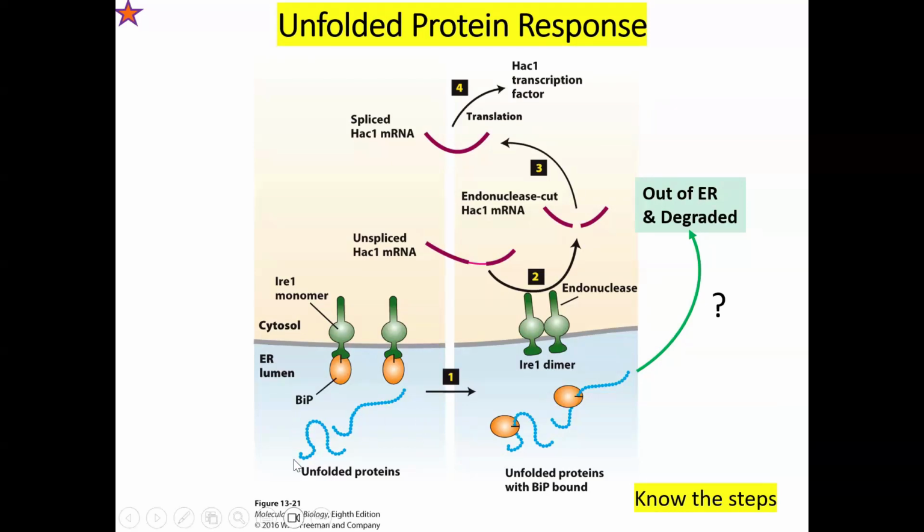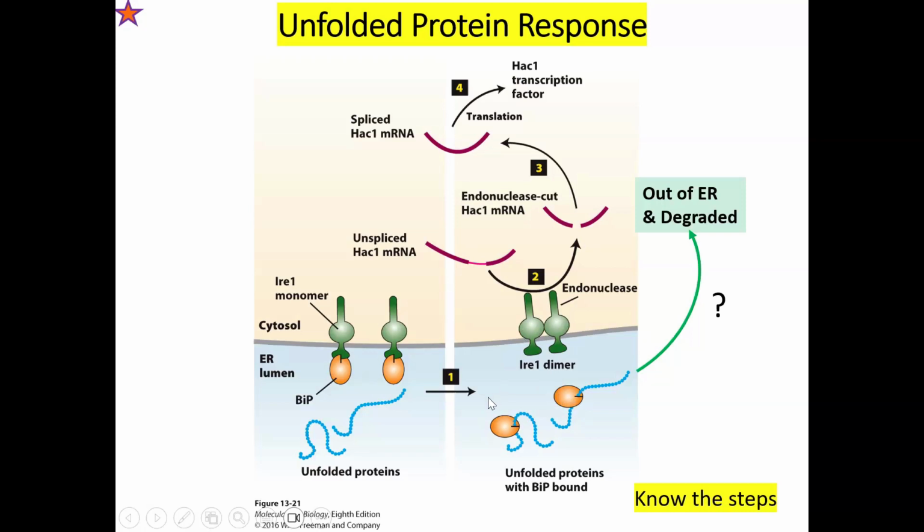But what happens if the protein tried to fold and it did not fold properly? Then these binding proteins bind to these proteins. This is called an unfolded protein with the BIP bound. And this causes what we call an unfolded protein response. So these BIPs, which were actually keeping the IRE monomers separate, come out, and now they can interact.